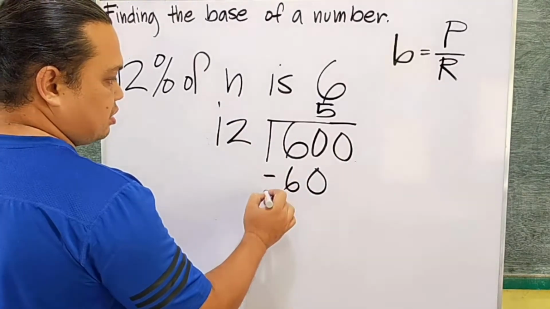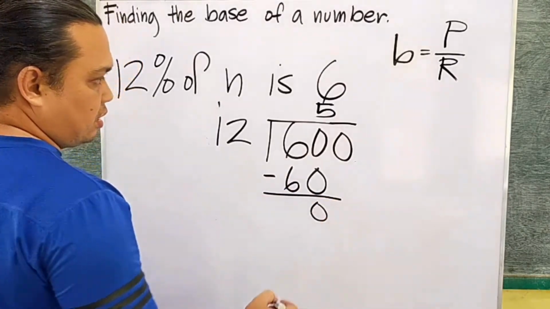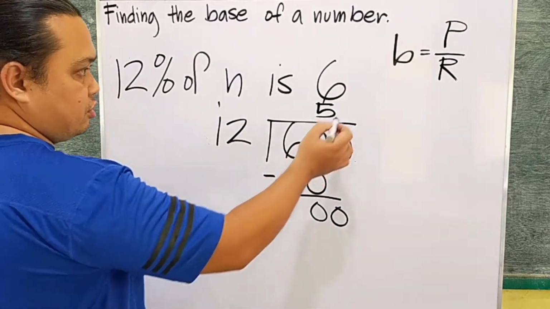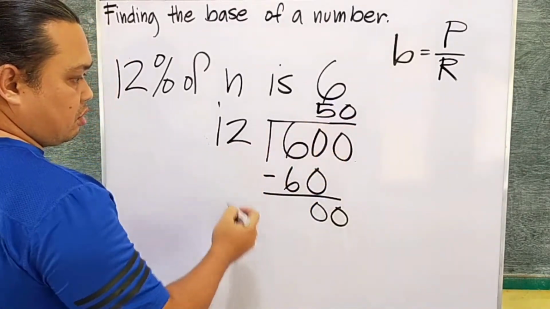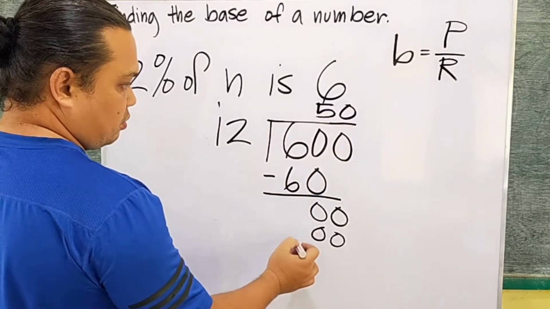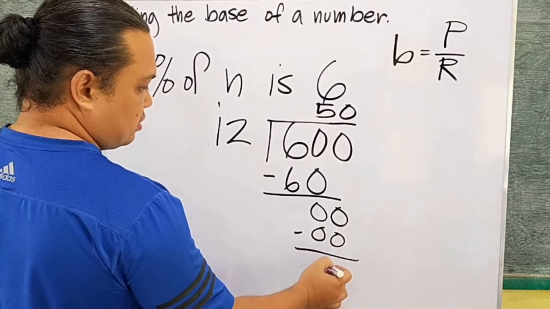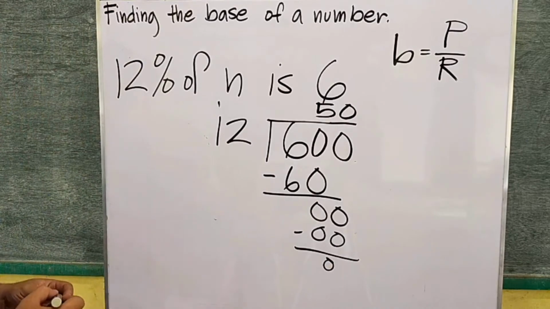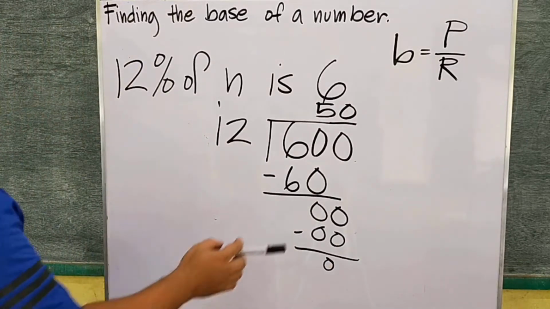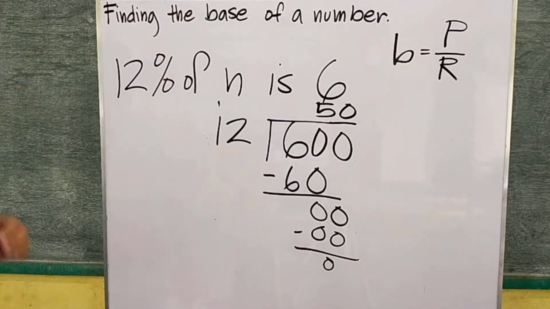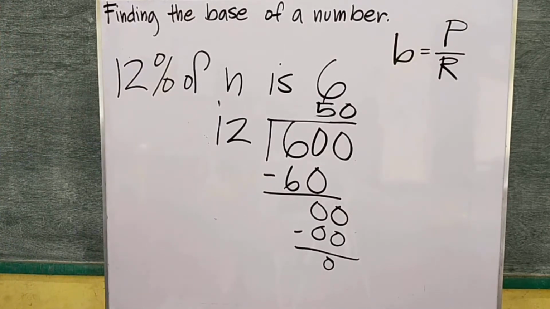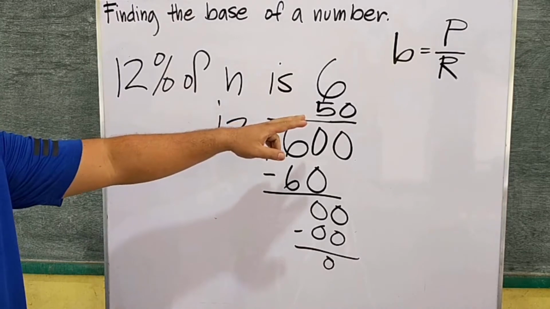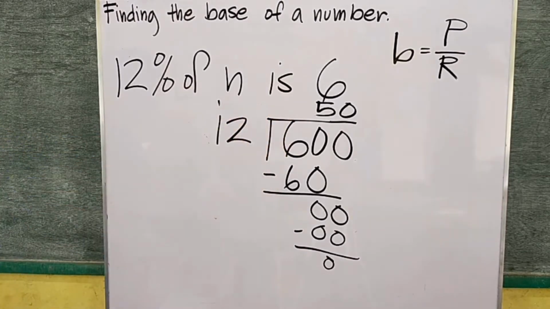Now 60 minus 60 is 0, bring down 0. 0 divided by 12 is 0, and 0 times 12 is 0. So we have 0. So our answer is 50. Therefore, 12% of what number is 6? That is 50.